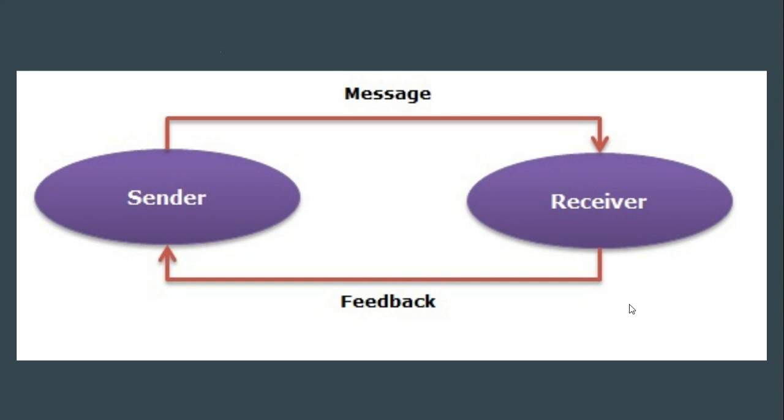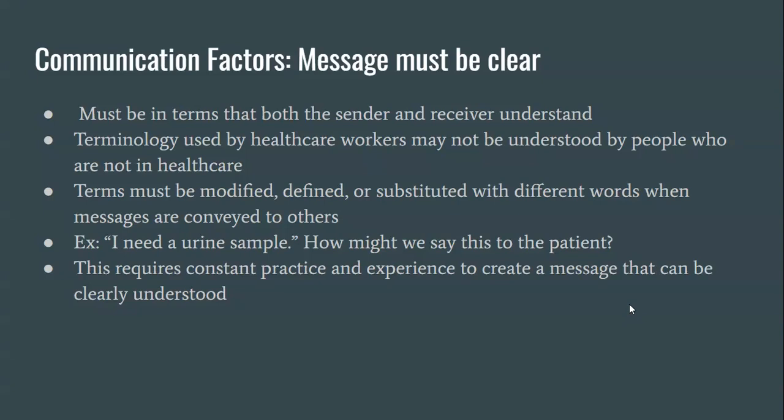So again, here we see just the sender receiver model. Sender is putting the message over to the receiver. The receiver is then providing that feedback to the sender to let them know if the message was interpreted how it was intended. We're going to talk about a lot of different communication factors.